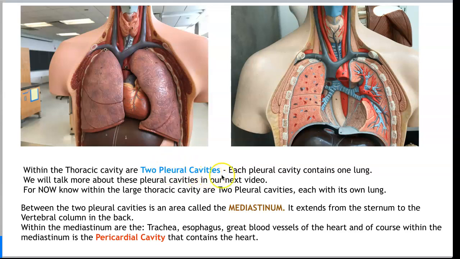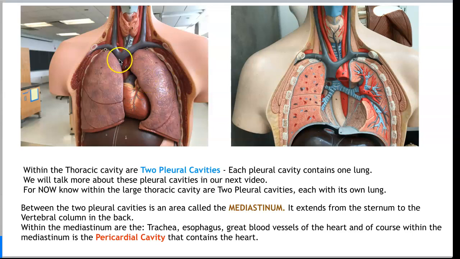Now, these pleural cavities each contain a lung. So we have one pleural cavity here and another pleural cavity here. They are surrounding the lungs. We will talk about those pleural cavities in our next video, but for right now, just know that within the thoracic cavity, there are two pleural cavities, each containing a lung.